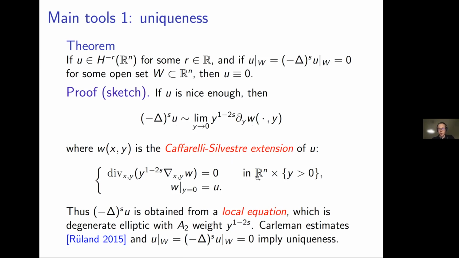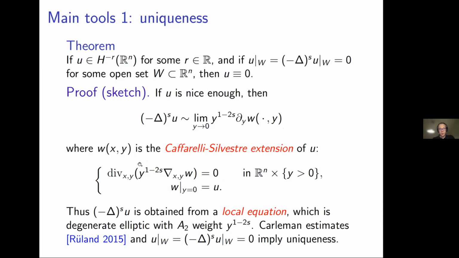You go into the upper half space Rn cross y bigger than 0, and now you have a second order local equation in the upper half space for this w, and you put Dirichlet data u on the boundary of the upper half space. So u will be the Dirichlet data. You solve the second order elliptic equation in the upper half space, and then the fractional Laplacian of u will be the Neumann data for this w.